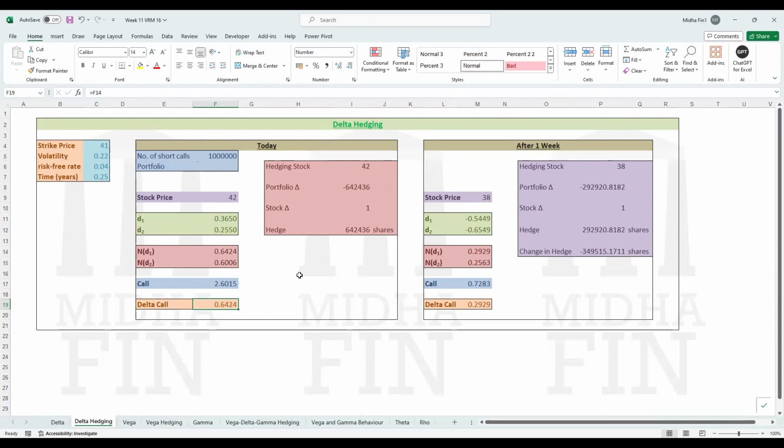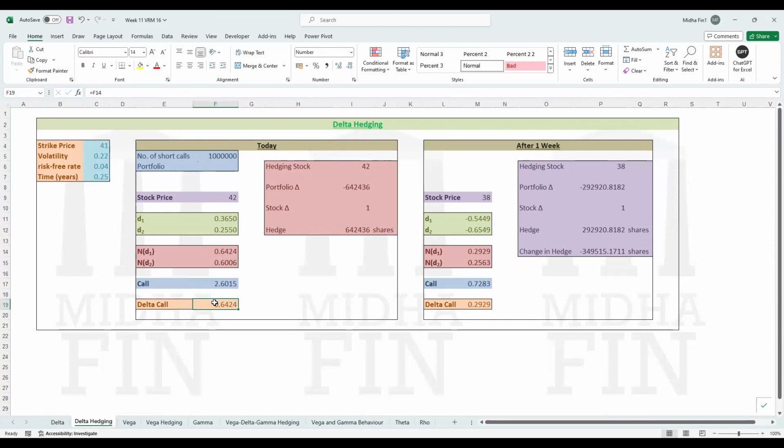So now I need to know what is the delta of my portfolio. For one call, delta is 0.6424. So for 1 million calls, what is the delta? It's simply 1 million times 0.6424. Now the catch here is that this call delta that is written is positive for a long position.